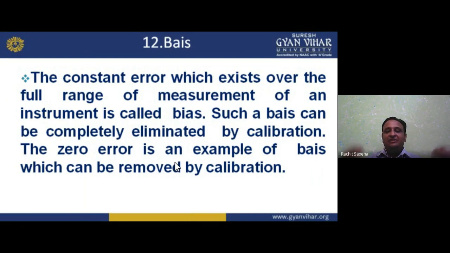We can calibrate with another instrument. The zero error is an example of bias which can be easily removed with the help of calibration. I hope you understand about bias.